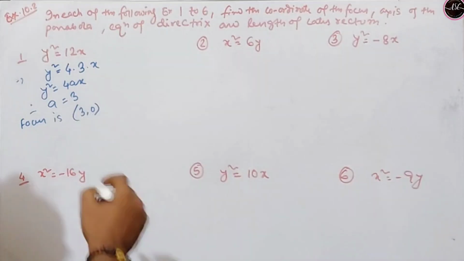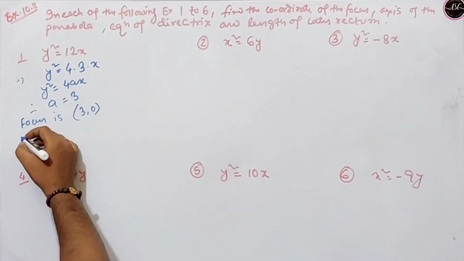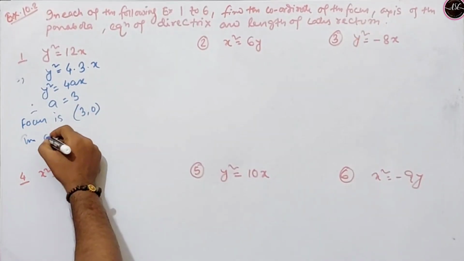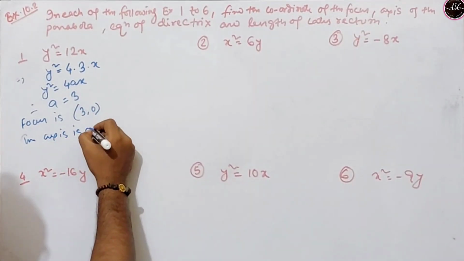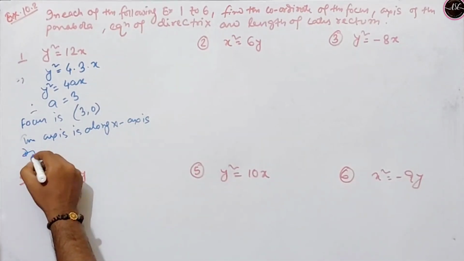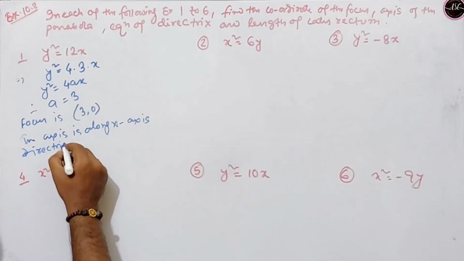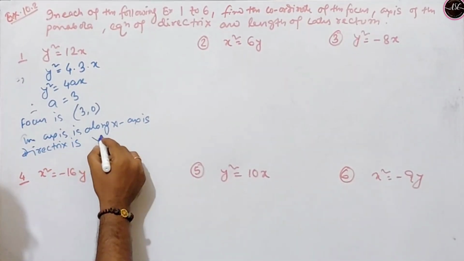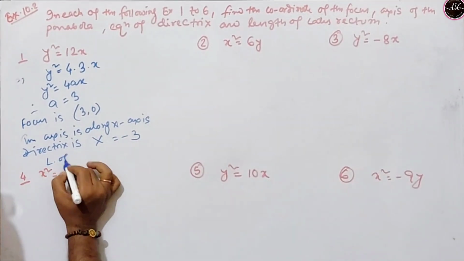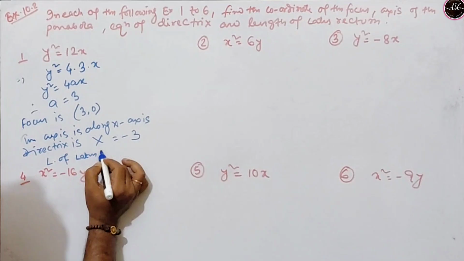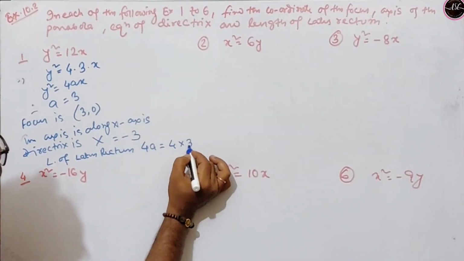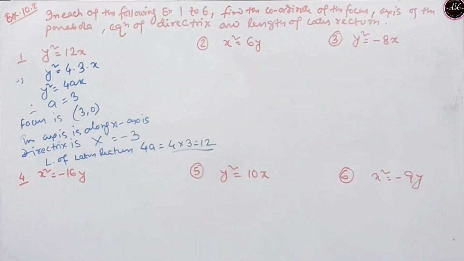The axis is obviously along the x axis, and the directrix is x equal to -3. The length of the latus rectum is 4a, that means 4 into 3, that means 12. Clear, very easy.